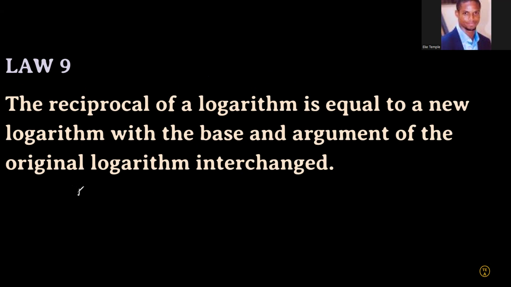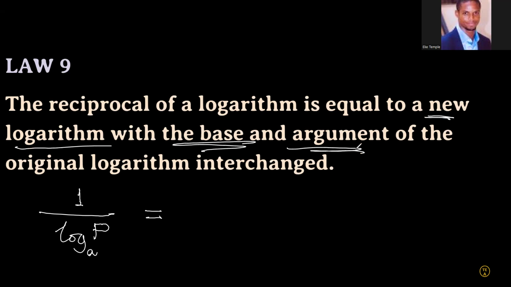Reciprocal of a logarithm. So we have 1 divided by logarithm, for example, to base a of p. This is the reciprocal of the logarithm, 1 over log base a of p. We can write a new logarithm. And this law says it is a new logarithm entirely, with the base and the argument simply interchanged.